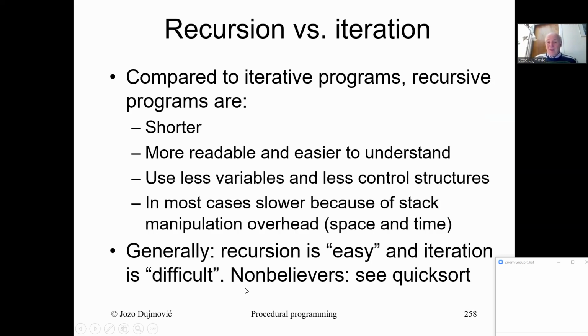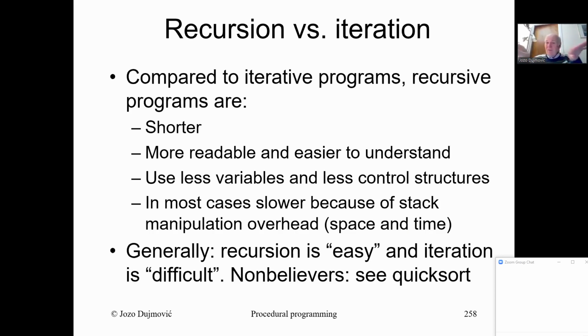Now, for those who are non-believers, try to write quicksort iteratively. And if you have ever seen iterative quicksort, it is a terribly complex program because in each iteration you have to keep all these indices from here to here and not from here to here.